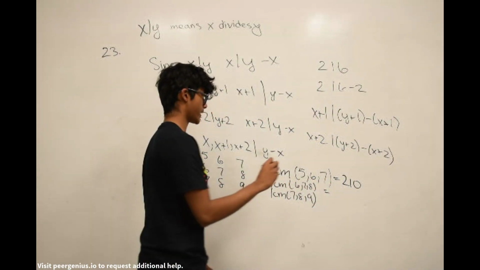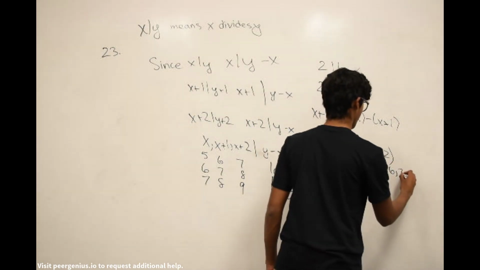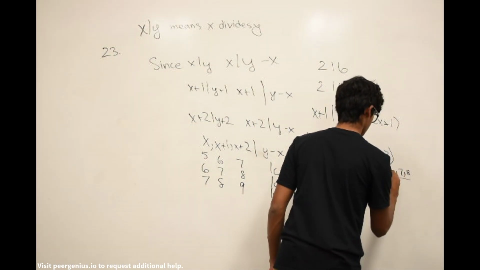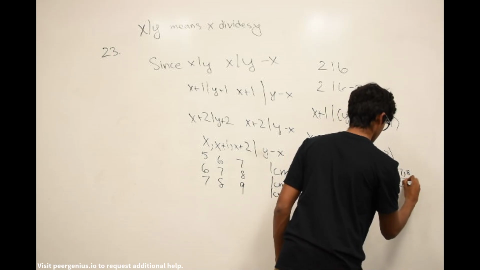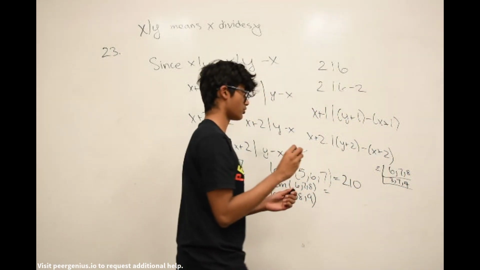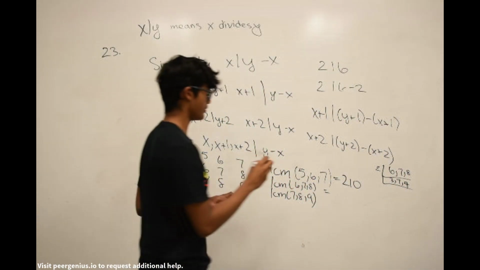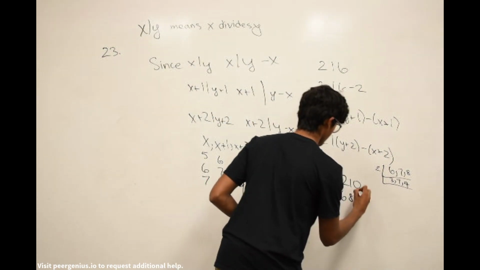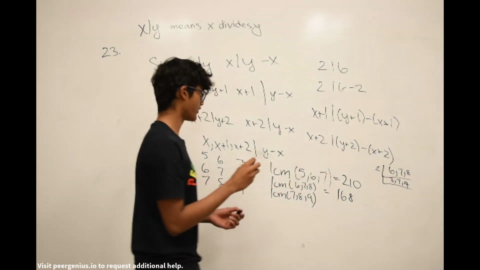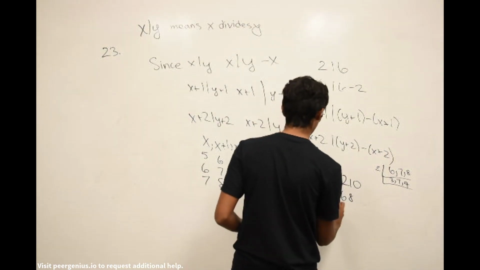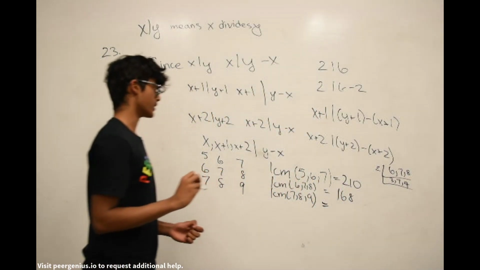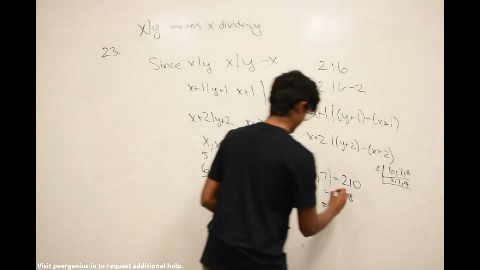The LCM of 6, 7, and 8, I'll just do it on the side. It should be 84 times 2, which is 168. And then the LCM of 7, 8, and 9, they also don't share any common factors, which means it's just 56 times 9.